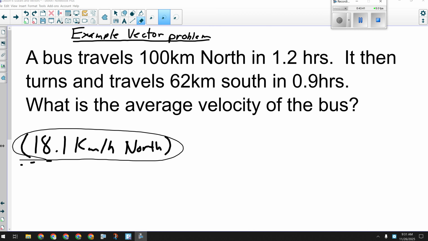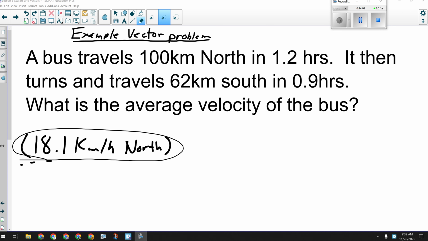So this is a question that's got a bit more complex story. In fact, it's a story with two parts. There's a part where it's going north, and there's a part where it's going south. So this is where vector and scalar are going to start telling the same story from different points of view. So what we want to do is still write down our givens.